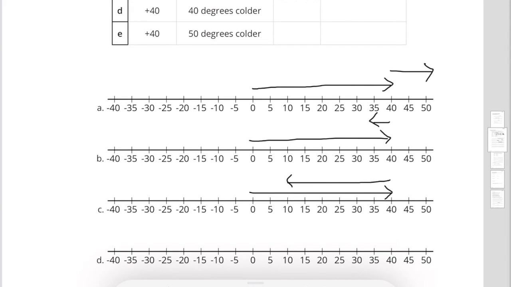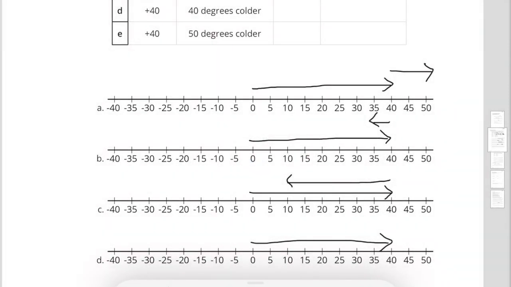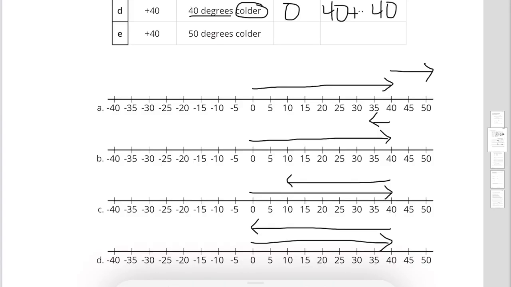For D, 40, so 0 to 40. My temperature changed by 40 degrees, and I'm getting colder, so I'm moving to the left still. So 40 degrees to the left puts me back at 0. So 40 plus negative 40 equals 0.